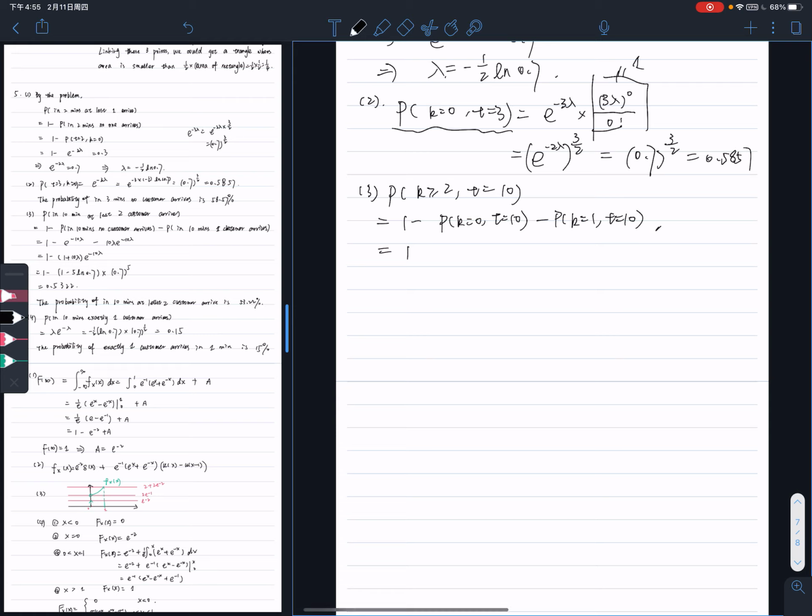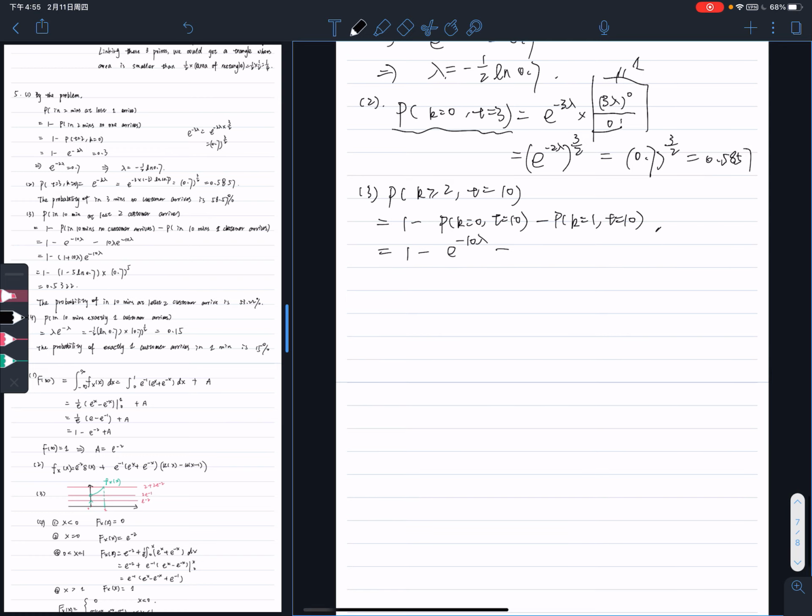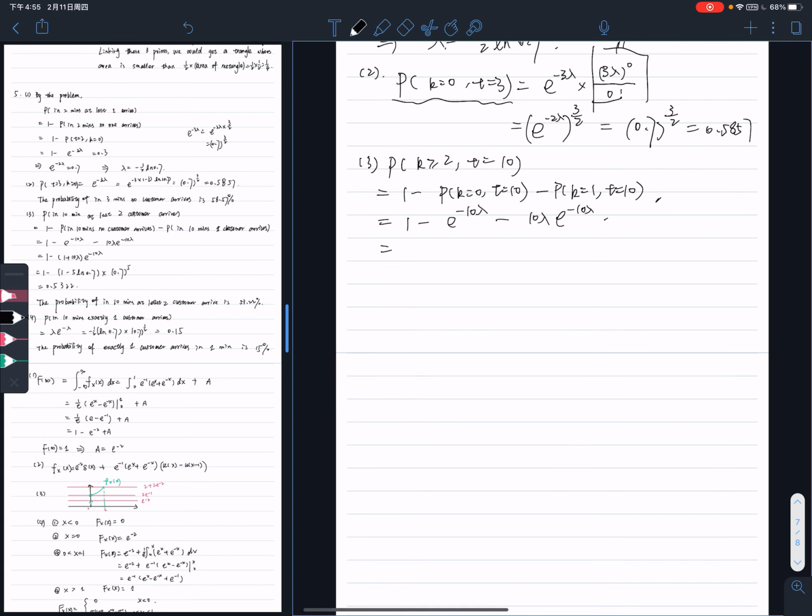So this is 1 minus e to the power of minus 10 lambda, minus 10 lambda times e to the power of minus 10 lambda. Simplify this formula for easy computation: it is 1 minus (1 plus 10 lambda) times e to the power of minus 10 lambda.